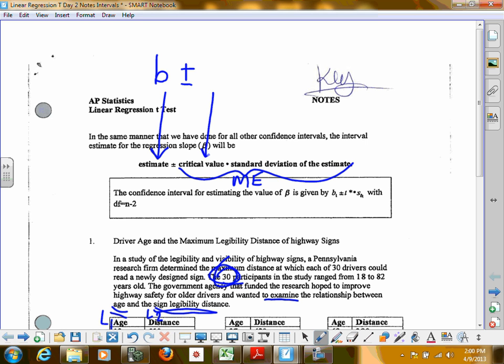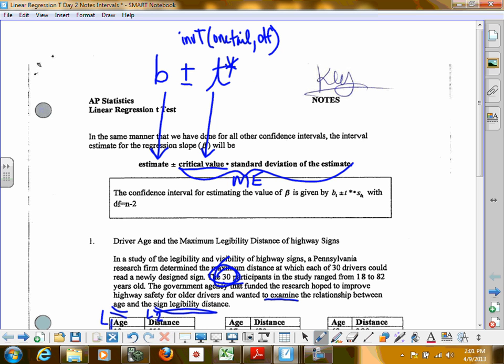Critical value. This critical value for t-tests is what kind of critical value? A z-star, a t-star, or a chi-squared number? T-star. Do you remember how to get t-stars? Inverse t of one tail, comma, degrees of freedom. Okay.